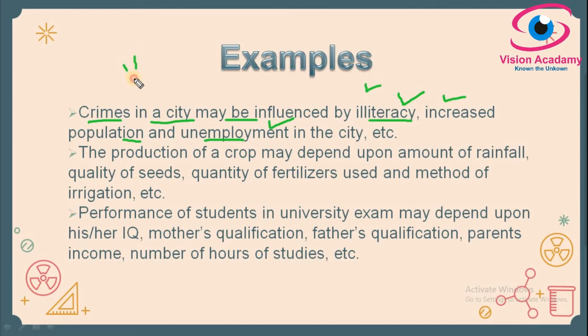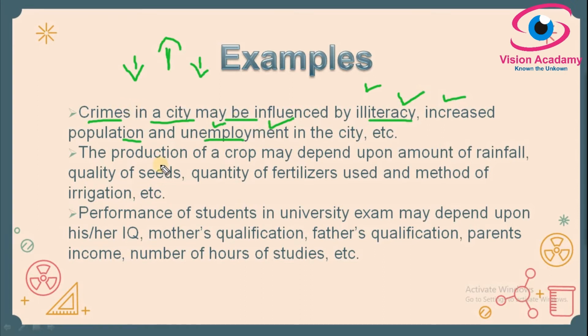If the people are illiterate, the crime rate may be high. In the same way, if the people have sufficient jobs, then the crime rate will fall. And when an economy is facing an unemployment crisis, then obviously crimes will be high. So here crimes is the dependent variable and the other variables are independent variables.